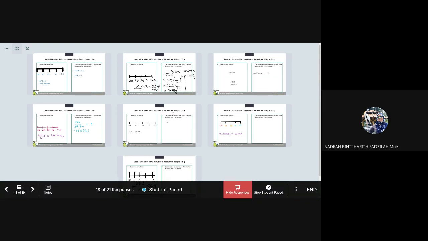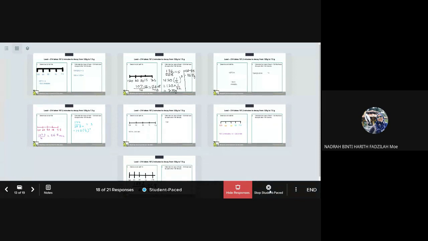I think for slide 12 and slide 13, the questions are almost similar because they give more or less the same information.